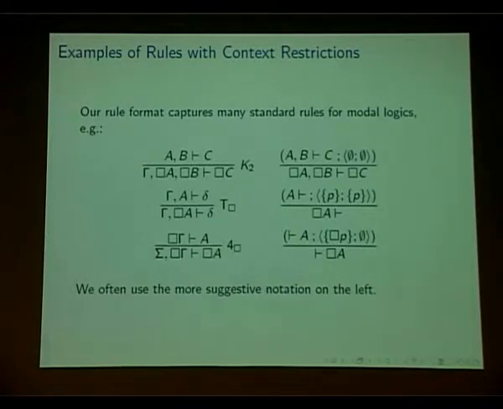On the other hand, we could also have some more interesting restrictions. For example, the 4 rule, where box gamma means that we only copy the boxed formulae from the context. This can be captured as a context restriction which has the singleton box P in the left component and the empty set in the right component.